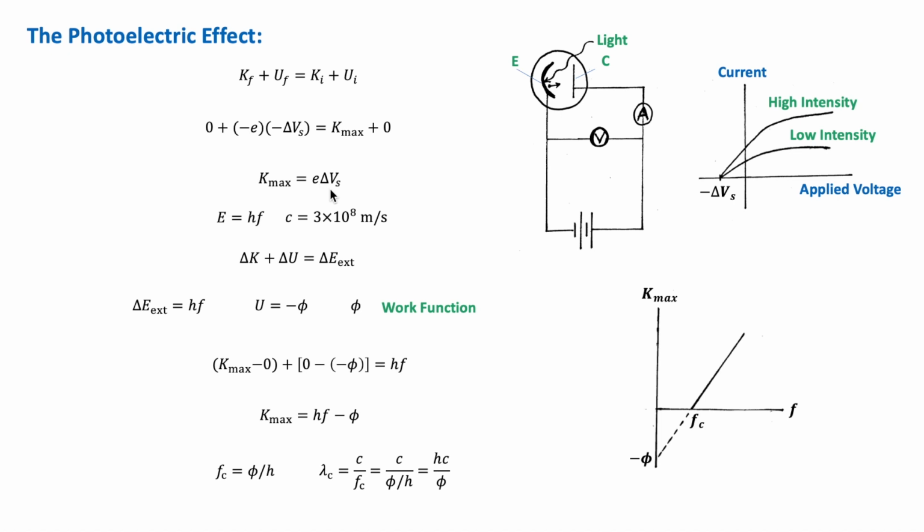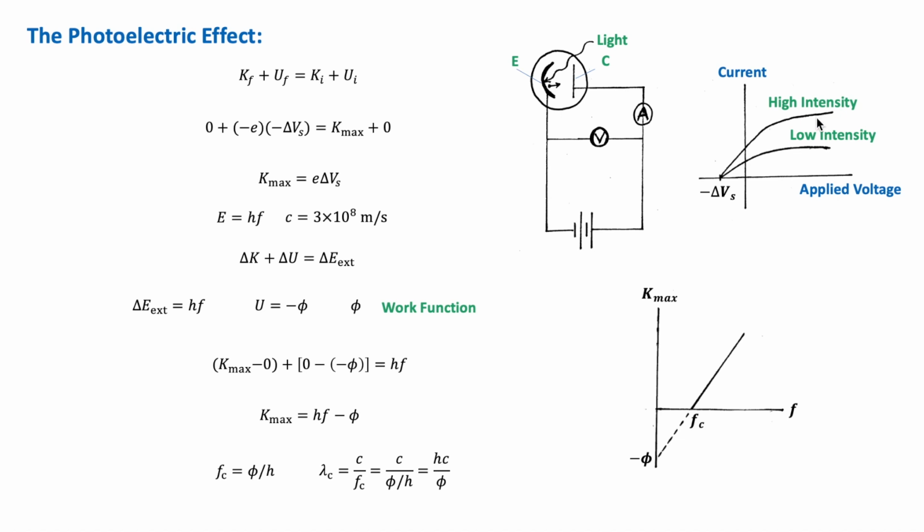So the experiment shows that the photoelectron maximum kinetic energy is independent of the light intensity, as you can see here, because both curves fall to zero at the same negative voltage, right? So the stopping potential is the same for the metal, even if the intensity of light is different.